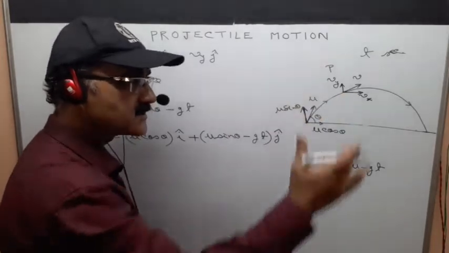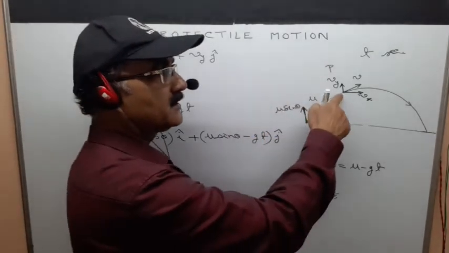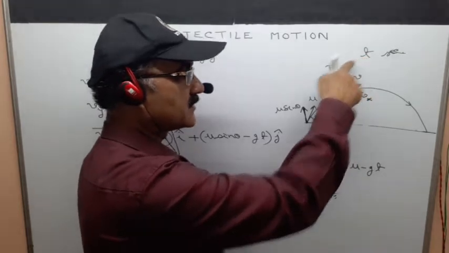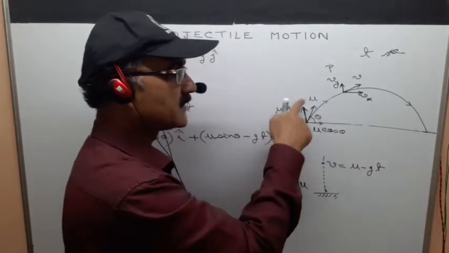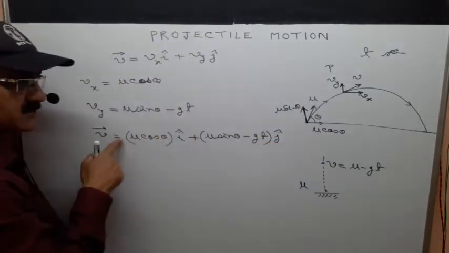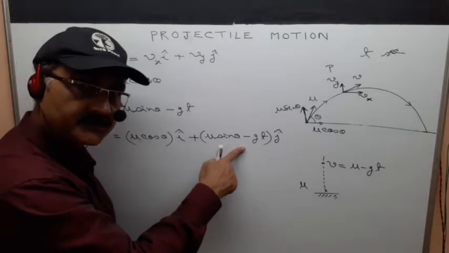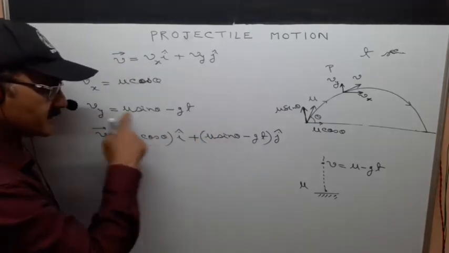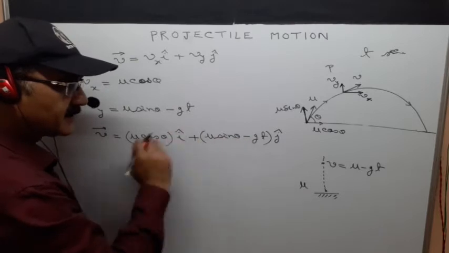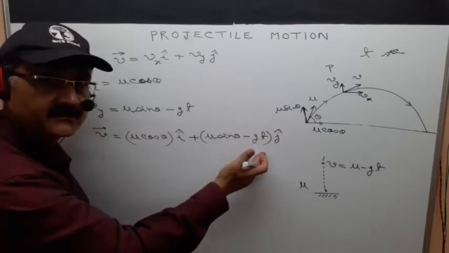So if in the exam they ask you to find the velocity at a point P after a time t seconds when a projectile is thrown with a velocity u and angle theta, you can write this expression, you should get full marks. Because from this vector we can find the magnitude, we can find the direction, right?